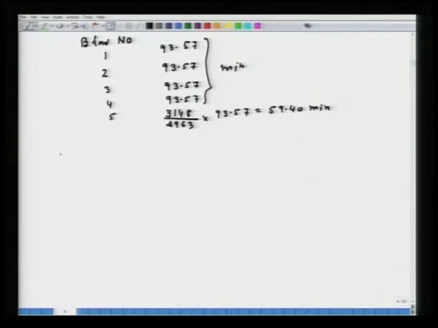Now, the blister copper. For blister copper, the reaction is Cu2S plus O2 equals 2 Cu plus SO2.